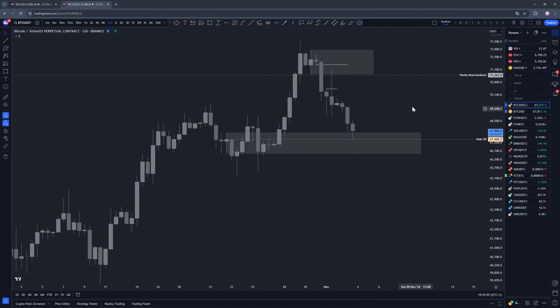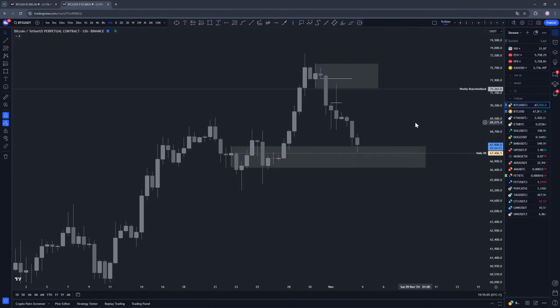So as you can see, I prefer to trade using VWAP because I think it helps me fine-tune the intraday levels a bit more. I'm not a big fan of putting an entry around 68K and having a stop around 65, a stop loss of 3K.